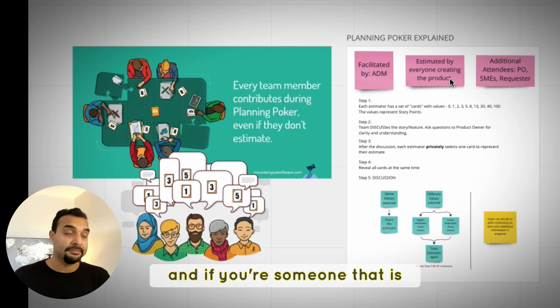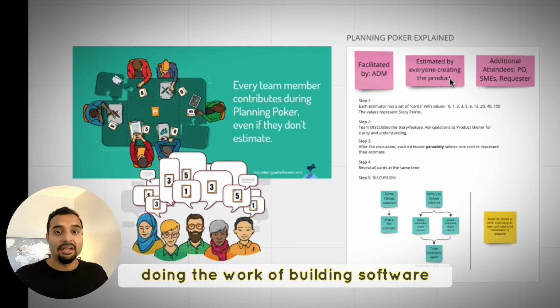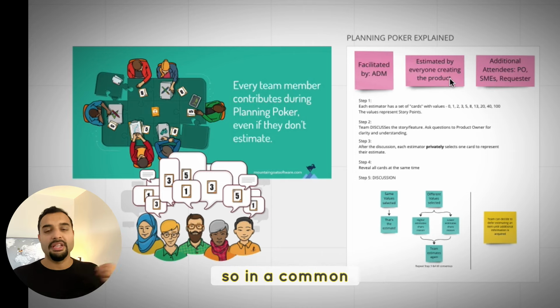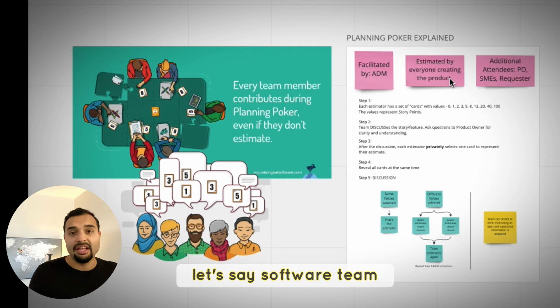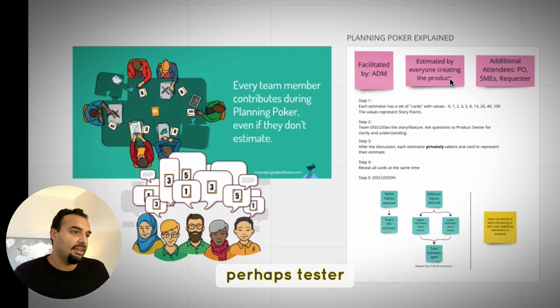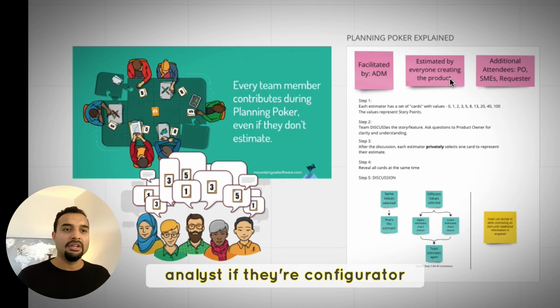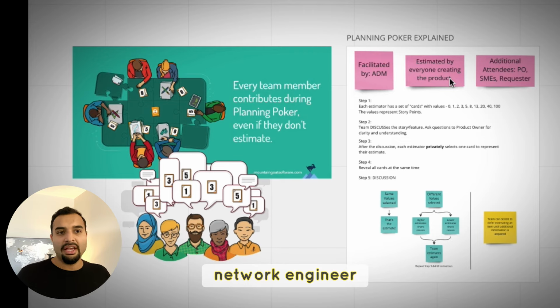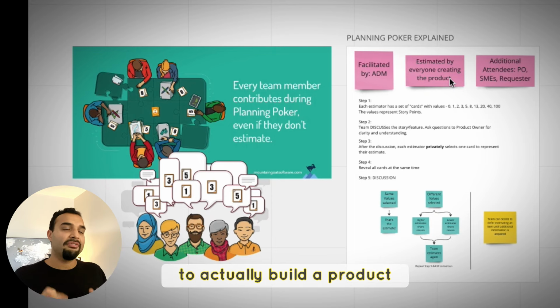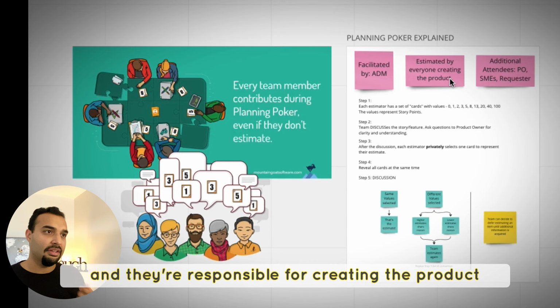If you're someone doing the work of building software or a product, then you're the one that needs to be part of the estimate. So in a common software team, this would mean a back-end developer, front-end developer perhaps, tester, analyst, configurator, network engineer, security engineer, etc., people that have fingers on keys to actually build a product and are responsible for creating it.